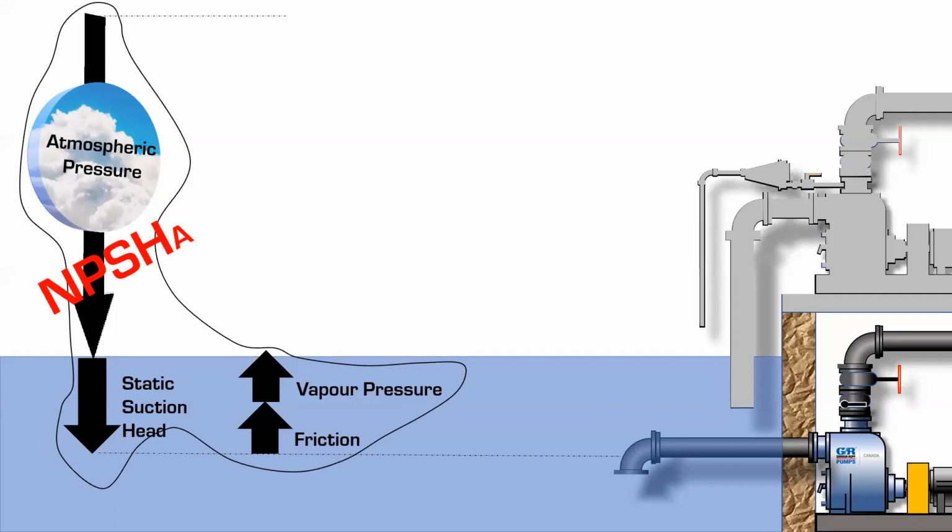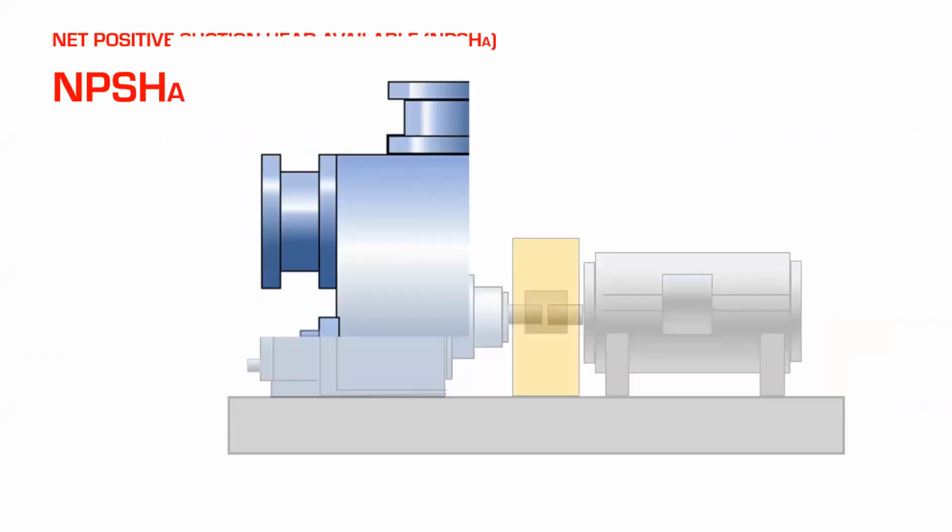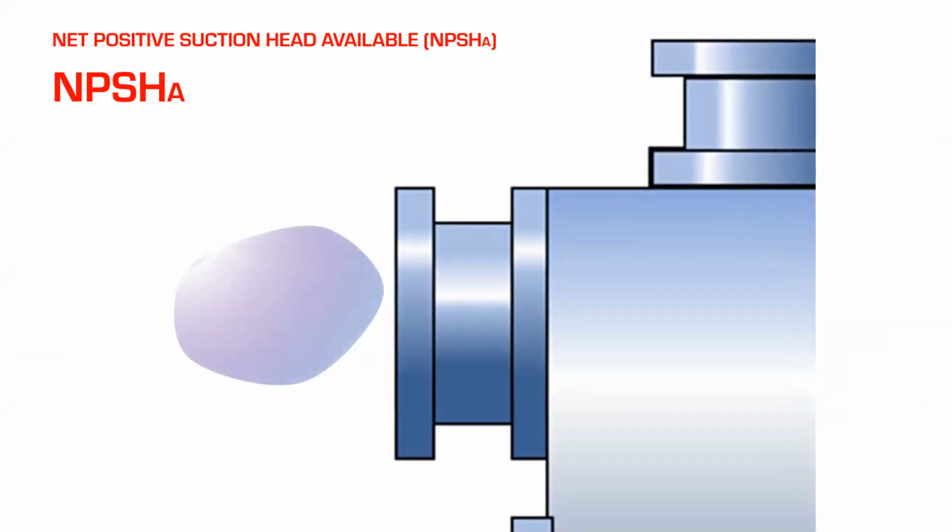And all that means is, what is the absolute pressure of the fluid as it enters the flange of the pump? It hasn't entered the pump yet, but it's right at the flange of the pump. What is the absolute pressure? Remember, absolute pressure, there's no negatives. It's just how much more above zero absolute do we have here? And also with the vapor pressure taken away. That's all NPSH available means.